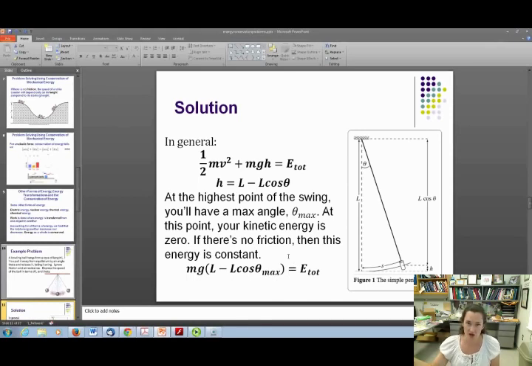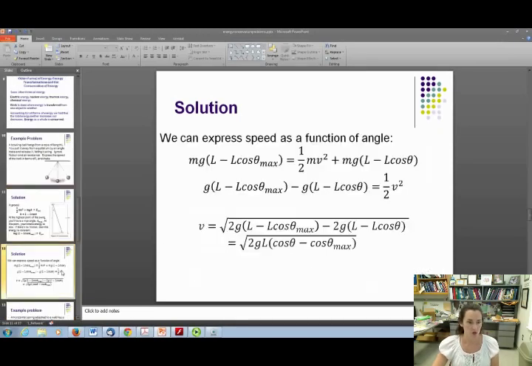And then after you let it go, after time t equals 0, it'll swing back and forth, and most of the time it won't be at the maximum displacement, so you'll have some sum of kinetic and potential energies. So what you can do now is say that I'm going to call E1 my energy at time t equals 0 when I pull it back to its maximum displacement and release it from rest. So I've got my energy at that time on my left-hand side. mgh in this case is mg times L minus L cosine theta max, and kinetic energy is 0 at that point.